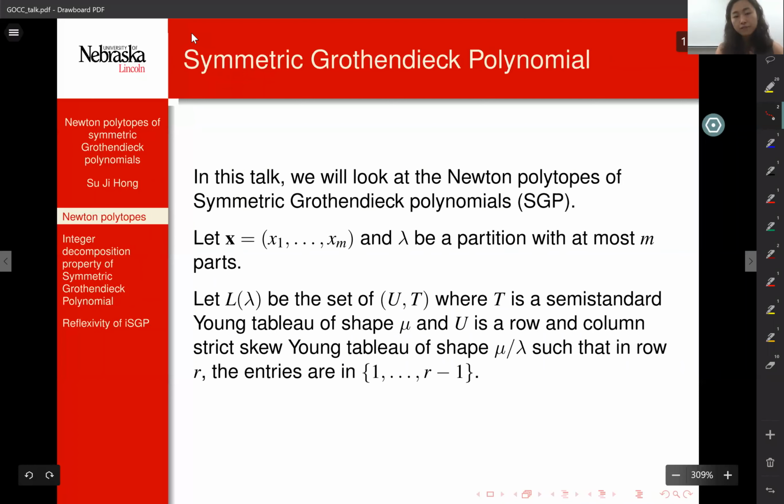To define this, let's first consider x a vector with m coordinates, and lambda a partition with at most m parts.